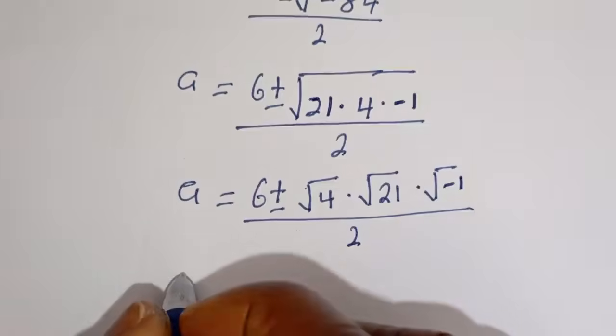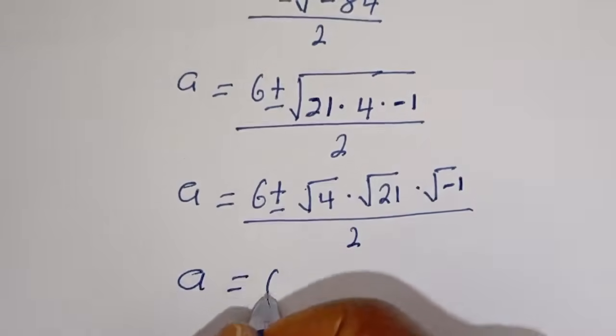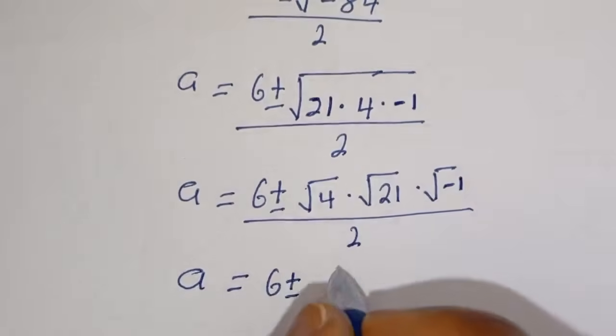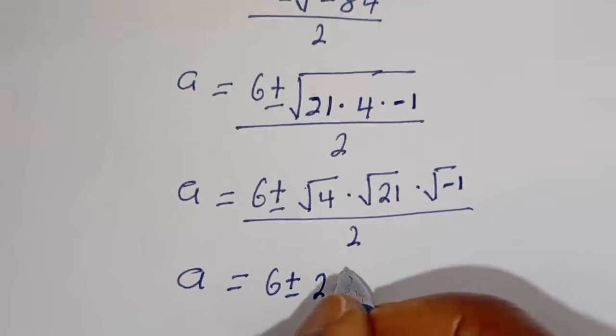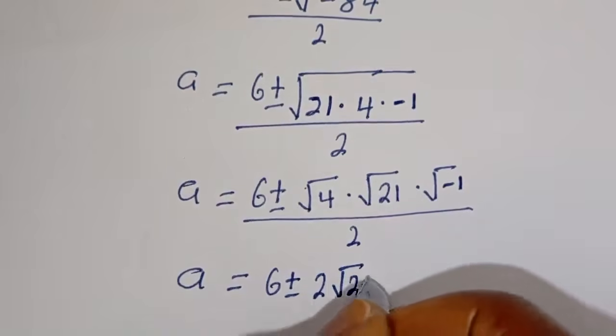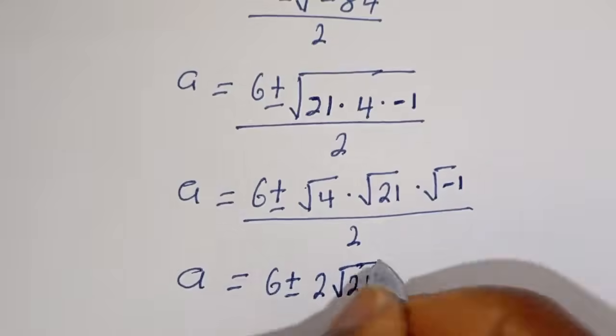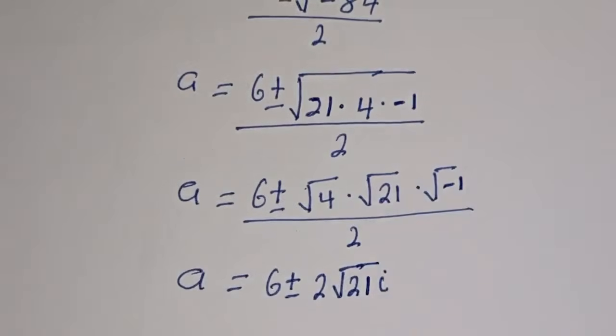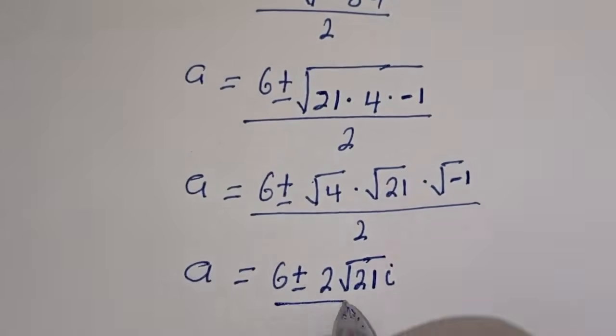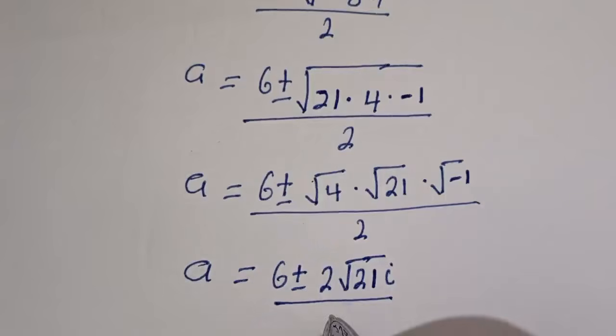Then a is equal to 6 plus or minus square root of 4, that is 2, root 21 i, because square root of minus 1 is i, then divided by 2.